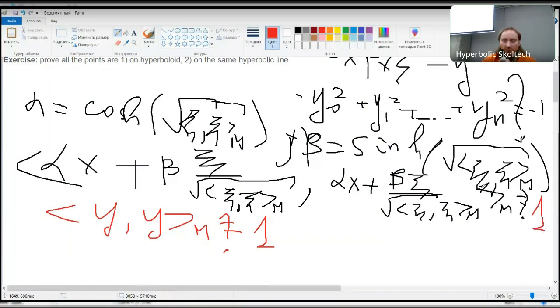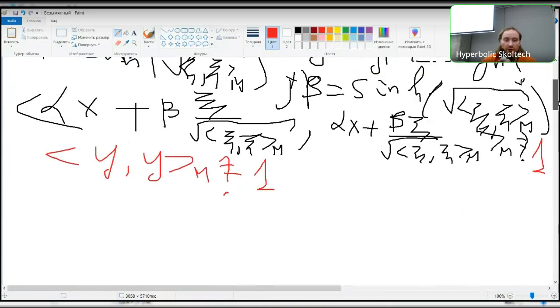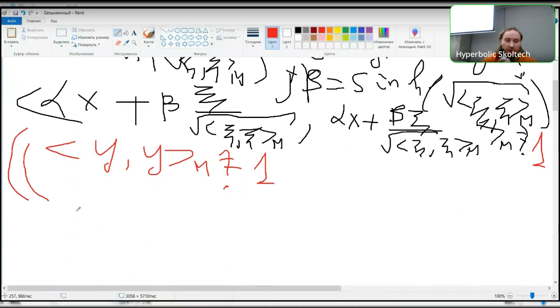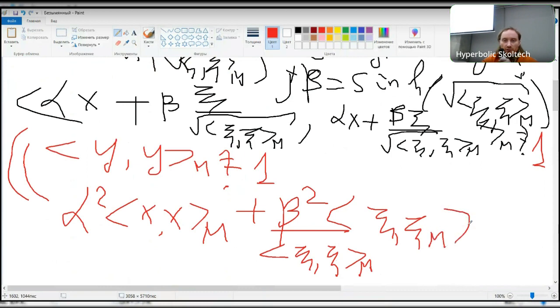Okay, let us check this. Let's compute this scalar square. That's alpha squared times the scalar square of x, plus beta squared divided by the scalar square of psi, times the scalar square of psi, plus what?